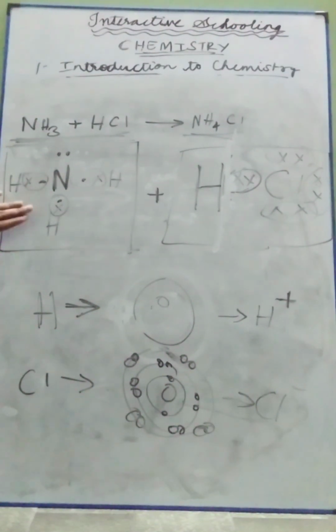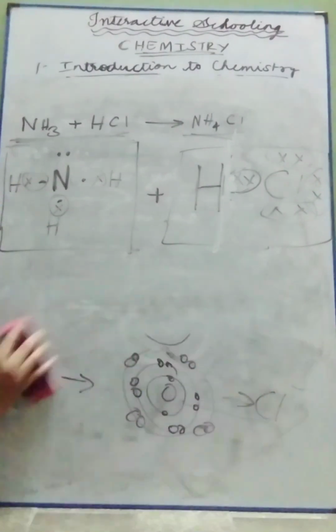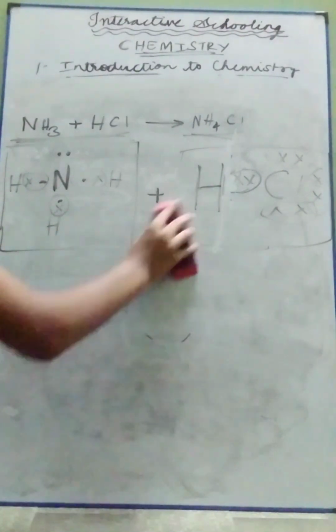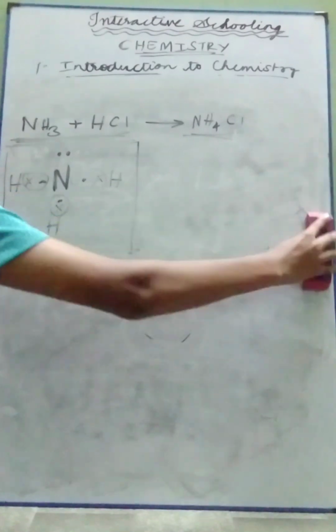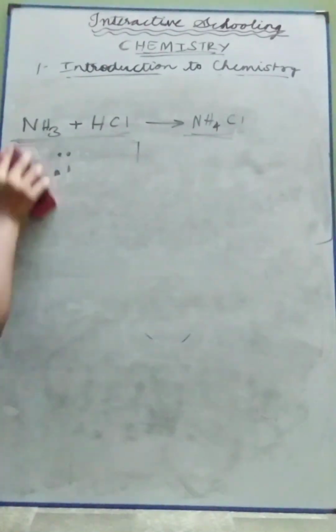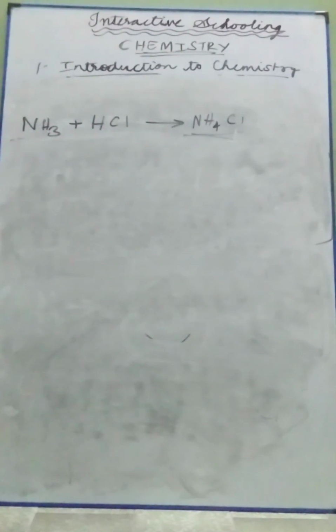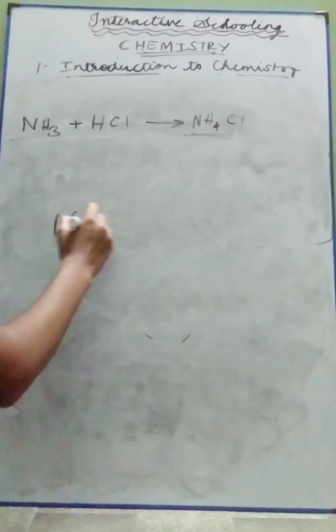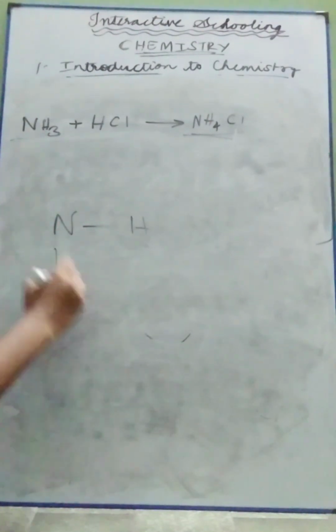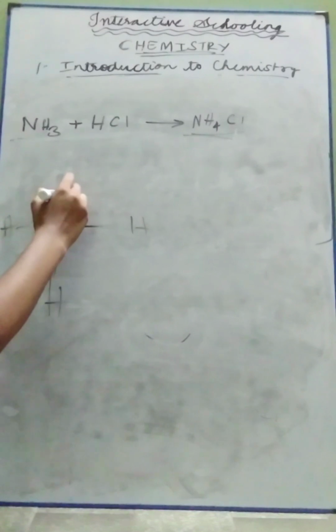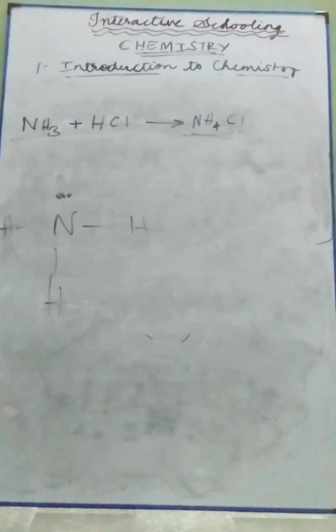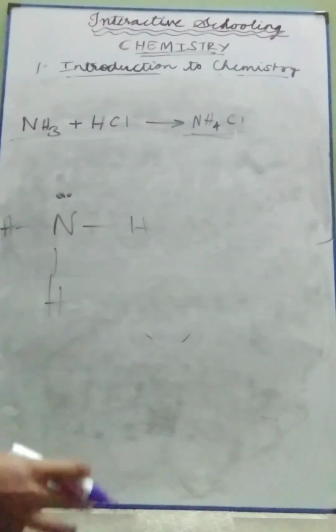So now when this reacts here, in order to fulfill its duplet, this H plus that I told you about needs 2 more electrons. And in this ammonia, one is with this hydrogen, one with this, one with this. There are 2 left. Hydrogen doesn't have anything to give, it has 0 electrons in its valence shell.